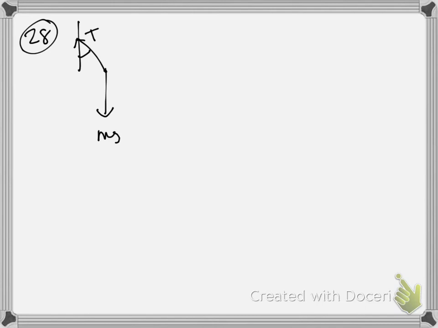So if I draw the tension vector here and my theta here, this here is T sine theta and this here is T cosine theta. So there are my components, and we need both components.